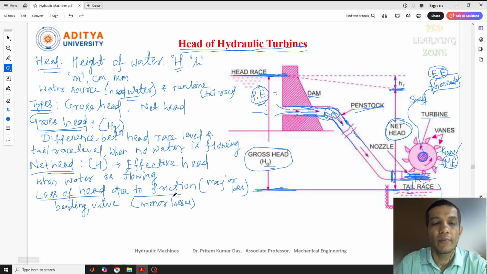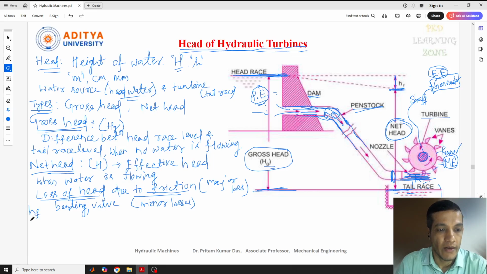Minor losses are not as significant as the major loss. Major loss is more important, and due to this friction the loss of head occurs. We mark this as hf, the loss of head.